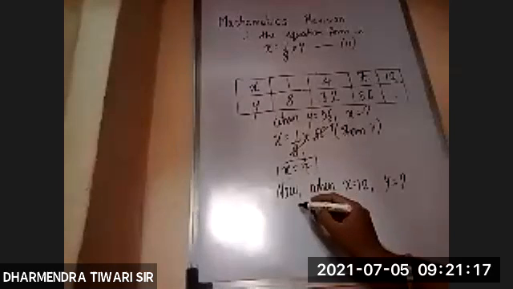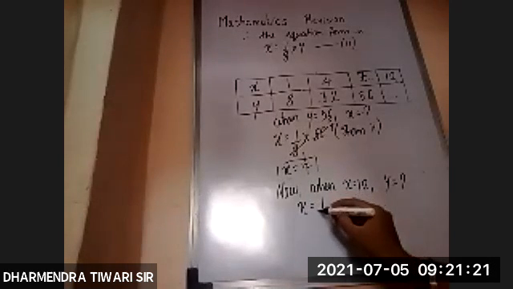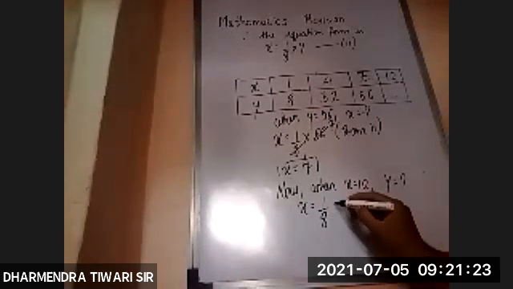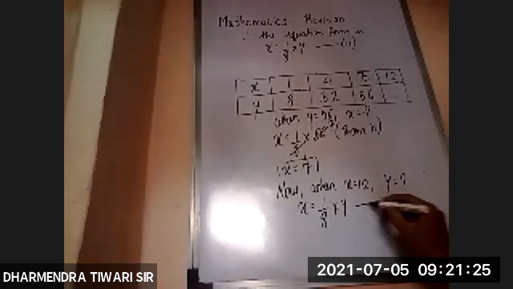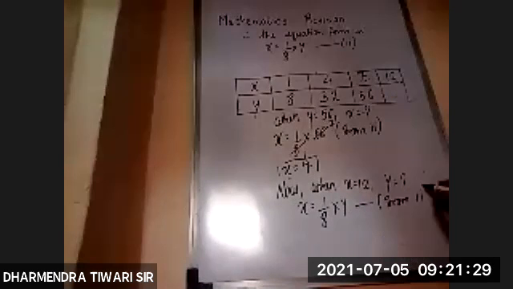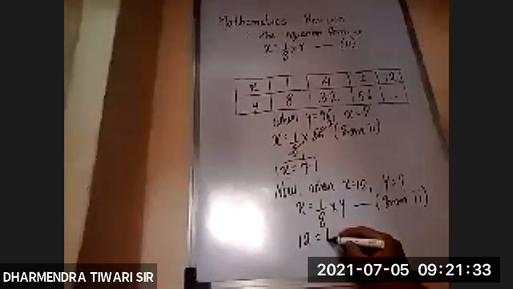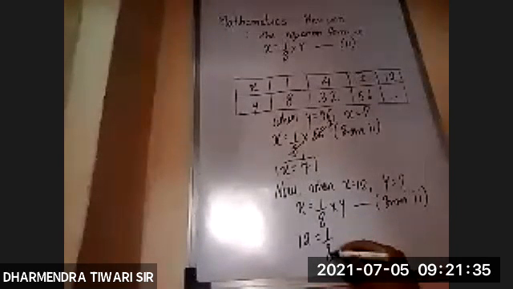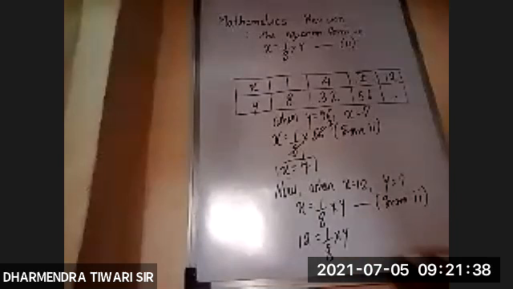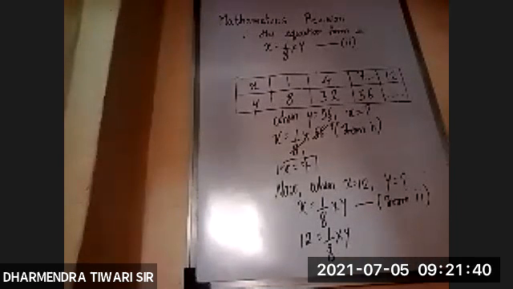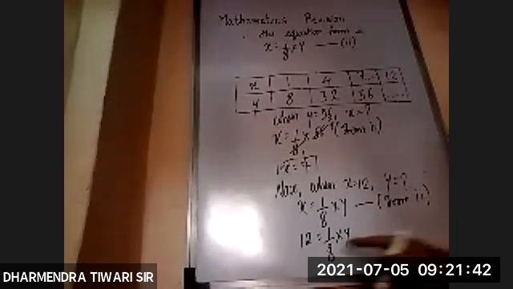So, x is equal to 1 by 8 into y. You know this from equation 2. As you know the value of x, let's substitute x as 12. 12 is 1 by 8 into y. So taking this 8 to that side, it will take the form of multiplication.